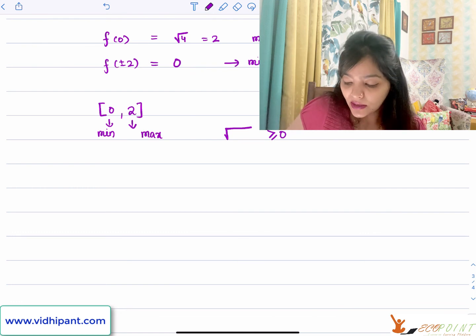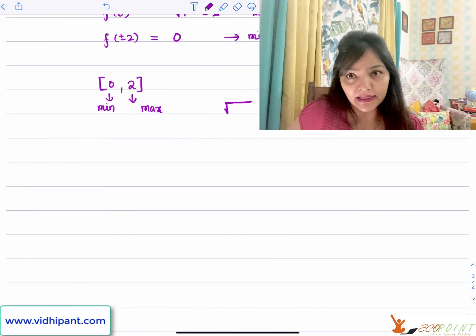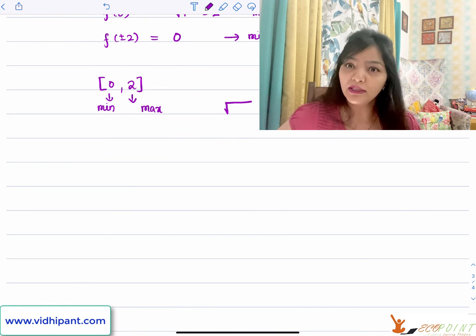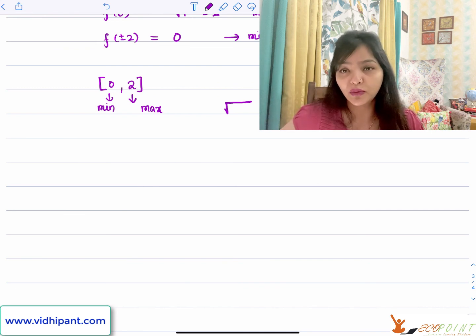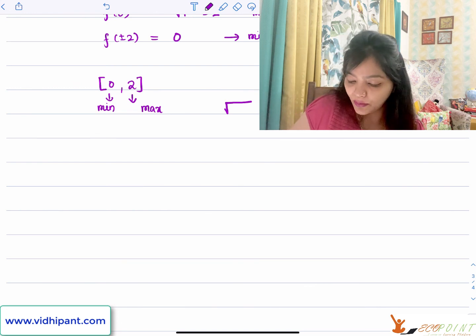The concept of range that I am applying here is that the range of f is all the values that the function f can take in a particular domain, from the minimum value to the maximum value. So this will be the range for the given function.